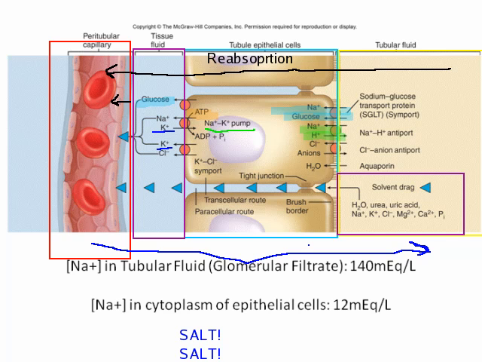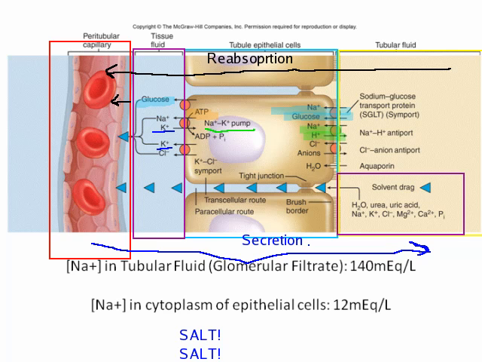And the opposite of reabsorption is secretion. We've reabsorbed all of this stuff back into the capillaries. Now we're going to take a certain part of this and secrete it back across those epithelial cells into the tubule filtrate, or back into the tubules themselves, whether it's proximal or loop of Henle or distal.